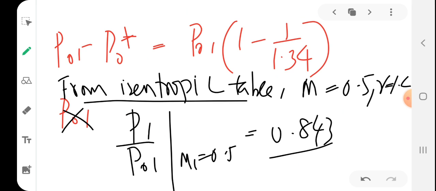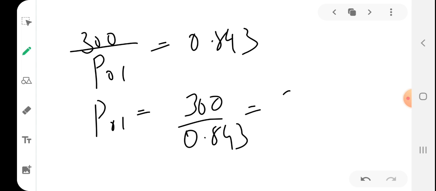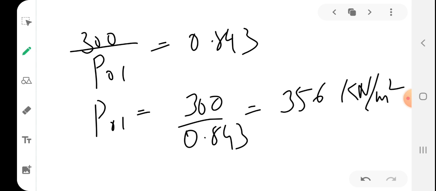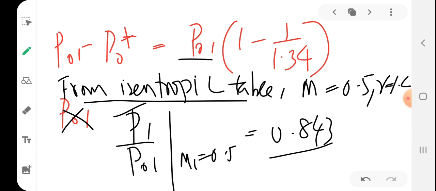From the isentropic table you got this value, and you know the P1 value. P1 is 300. So 300 by P01 is equal to 0.843. So P01 will be 300 by 0.843, which is around 356 kilonewton per meter square. 300 is taken as kilonewton per meter square. If you know P01, substitute here.